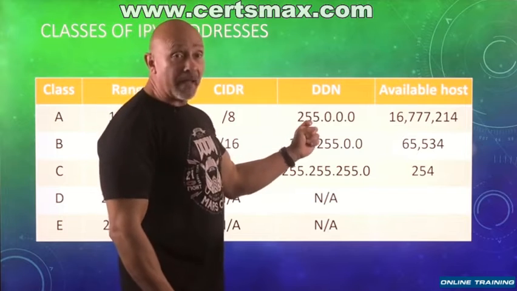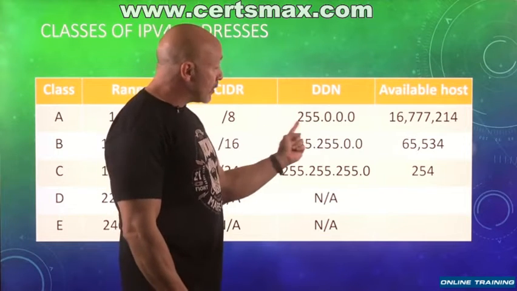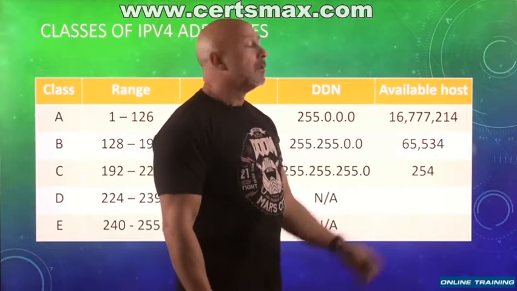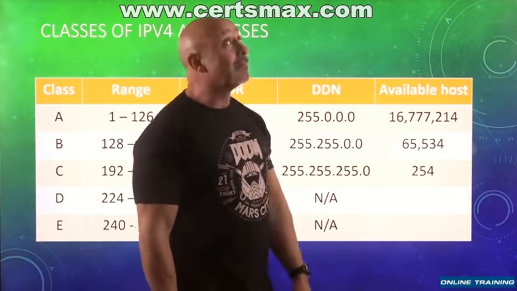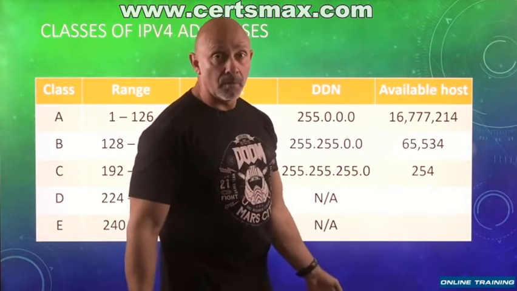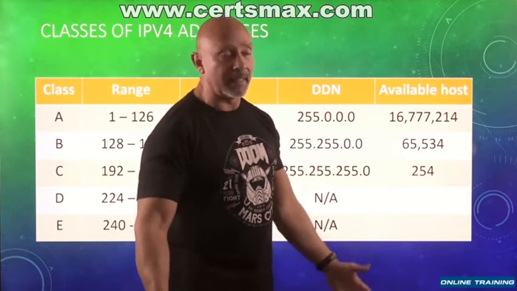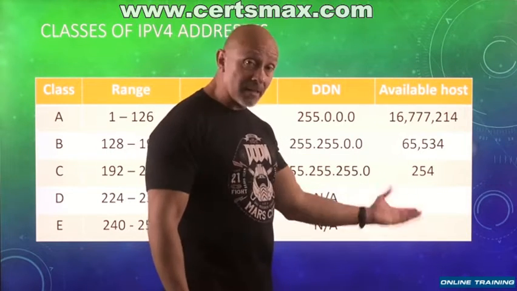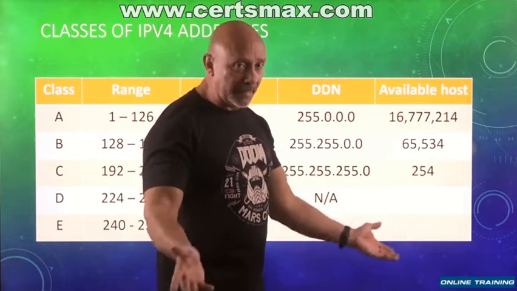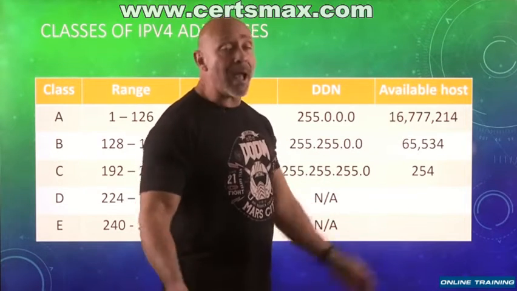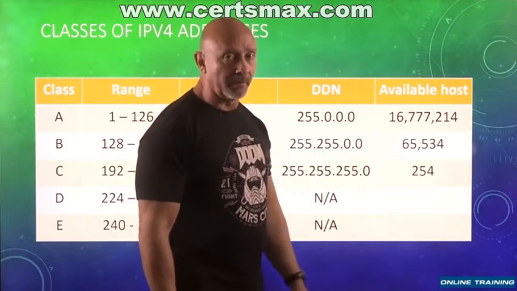So we have 255.0.0.0. It's all on the first octet. How many hosts can you have? That many. Are they going to ask you this? No. They may ask you this if you're taking a Network Plus exam. But if you're taking a CCENT, or the full CCNA, the new one, they're not going to ask you how many hosts are available.